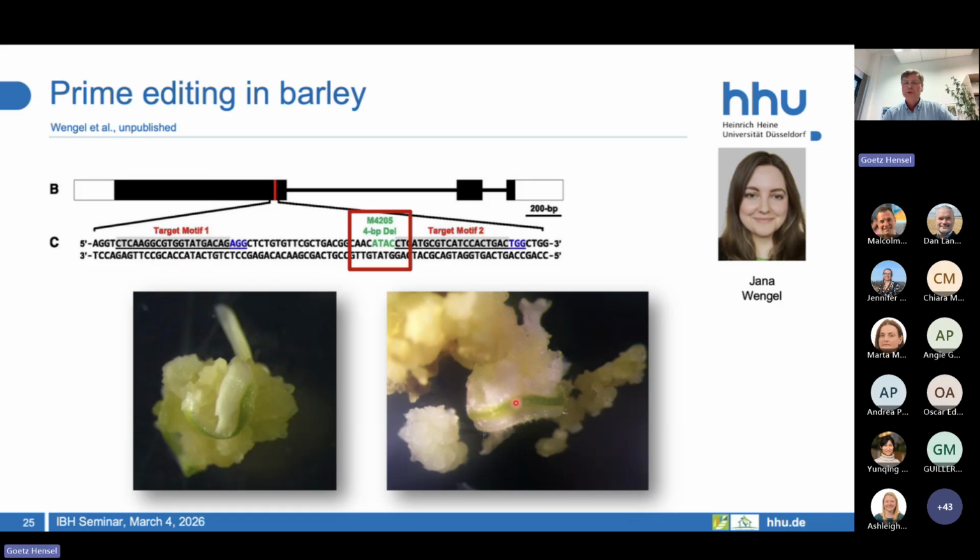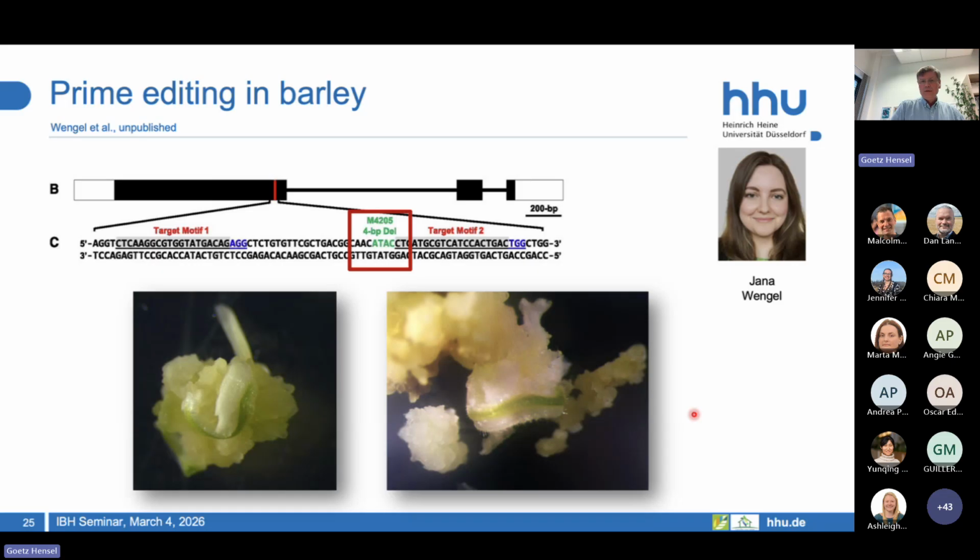So what we found was striped leaves for early regenerants, but what I do not yet have is the genetic modification. So we still need to amplify and verify that these are really prime editing events.